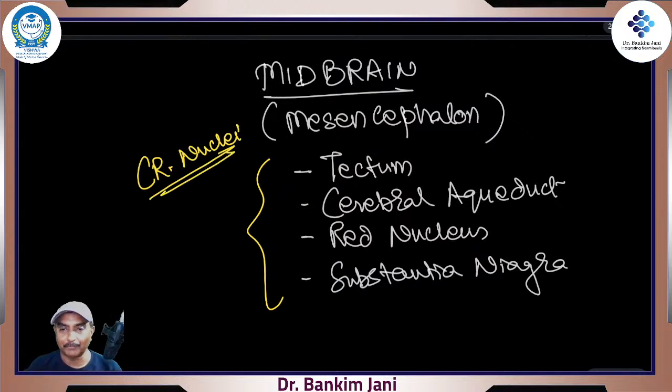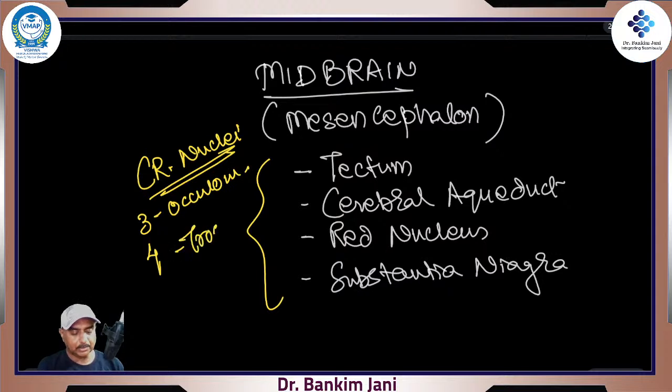That would be third and fourth, right? Third, oculomotor, and this one is trochlear, which is supplying superior oblique. Lateral rectus is by number 6, and all the rest of the muscles are by oculomotor.